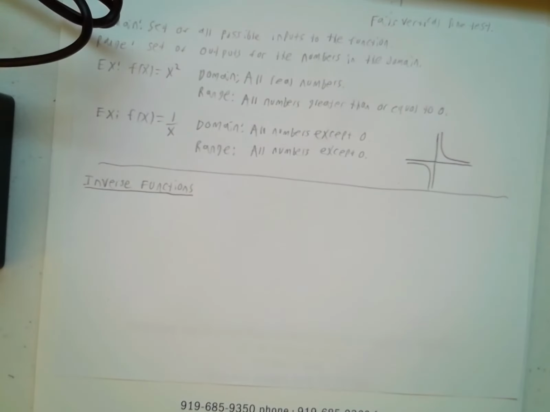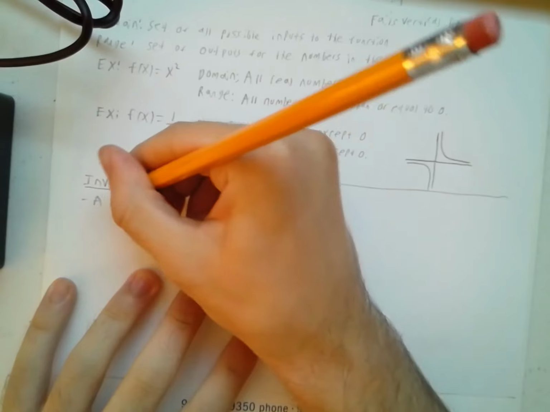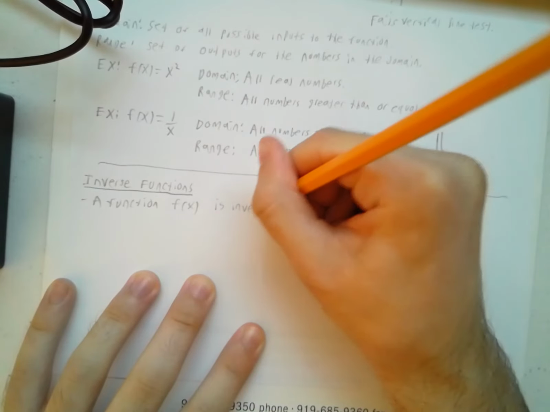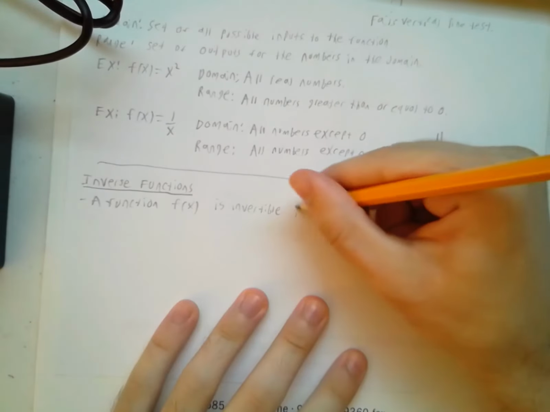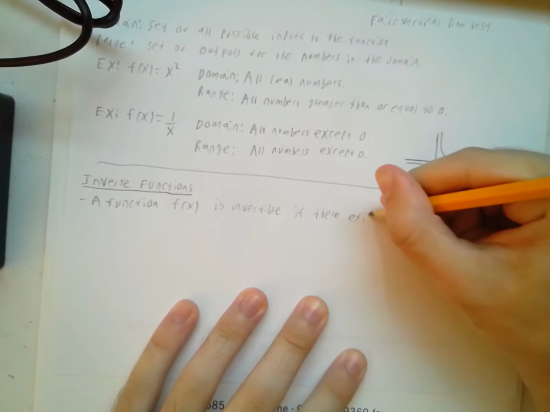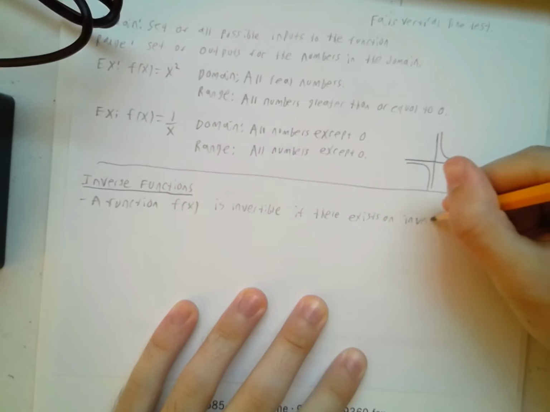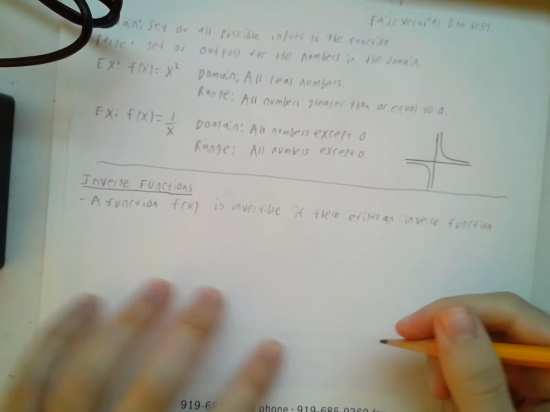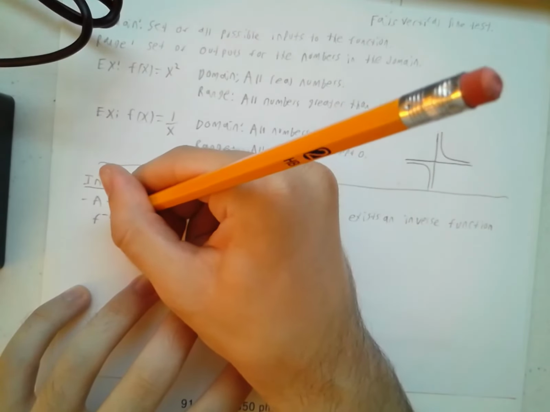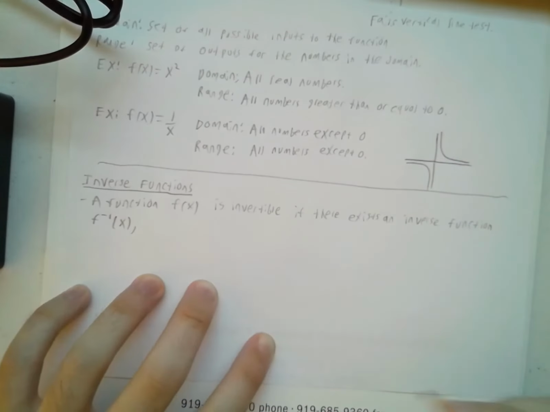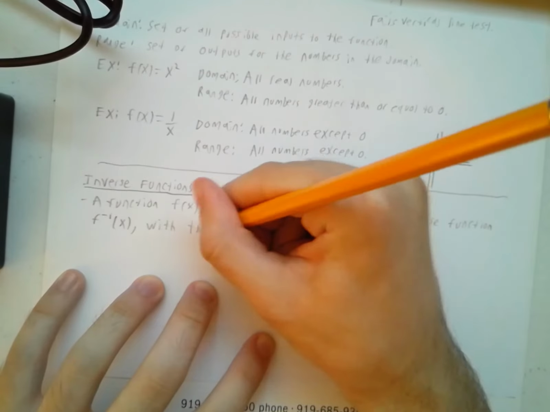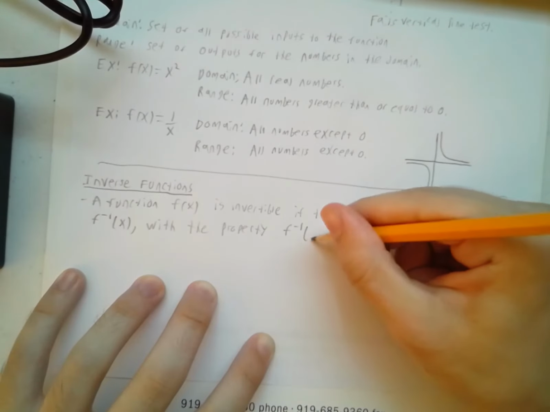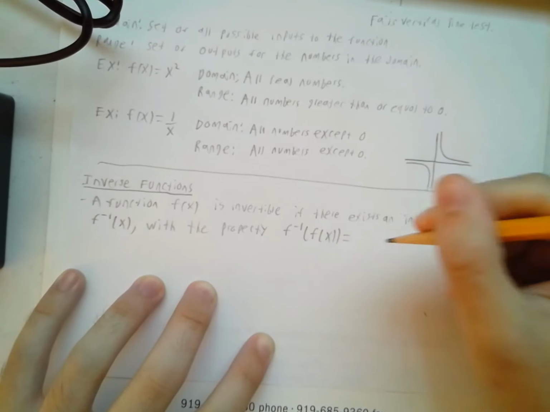So we say that a function f of x is invertible if there exists an inverse function, which usually is denoted by f to the -1 of x, and it has the property that if we take the inverse function and apply it to the original function, then we get back just x.